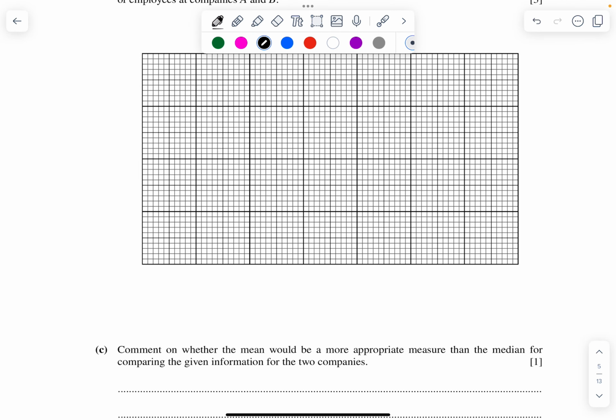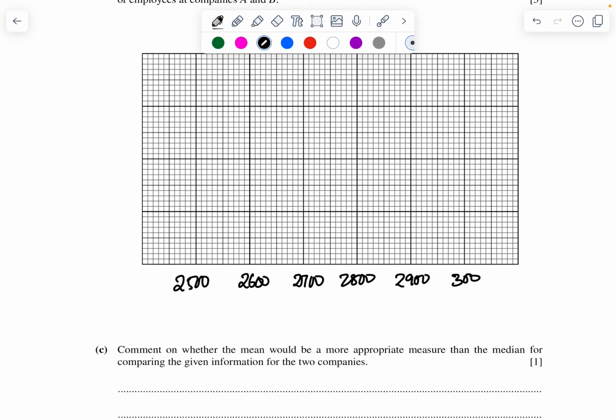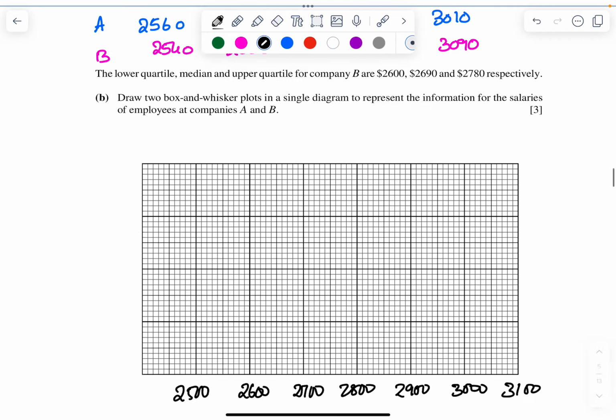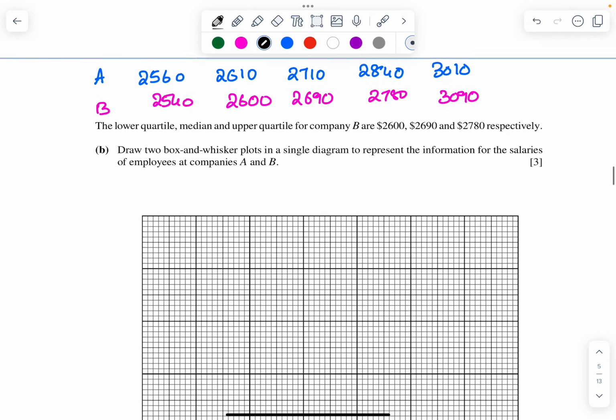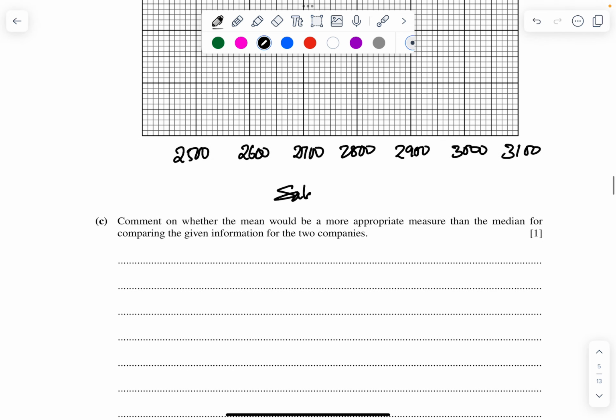So I use 2500, 2600, 2700, 2800, 2900, 3000, and 3100. So everything is covered. And this axis is nothing but salary in dollars.